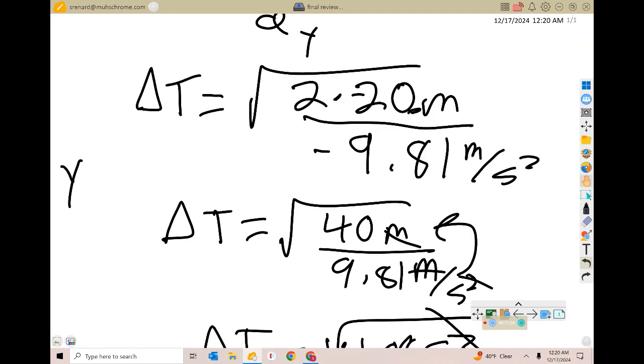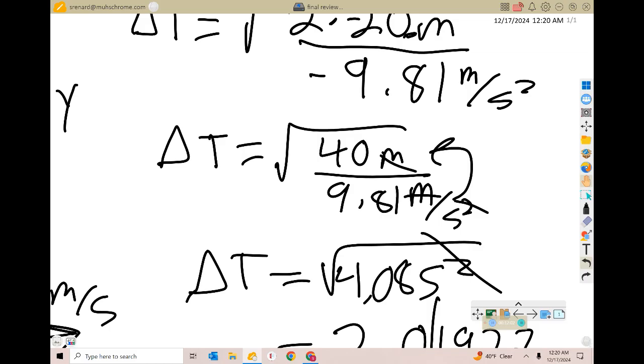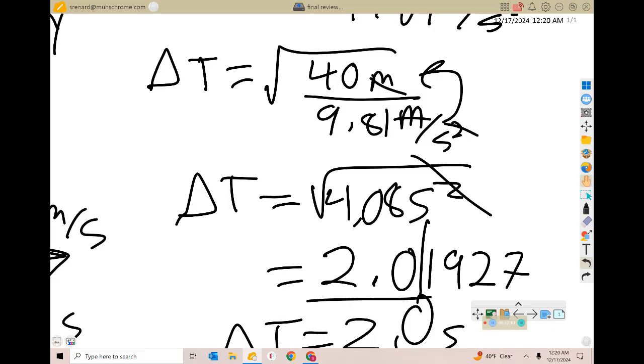So that gives us 40 divided by 9.81 meters per second squared. The meters cancel out. The second squared flips up. 40 divided by 9.81 is 4.08 seconds squared. Take the square root of that and we get 2.01927.